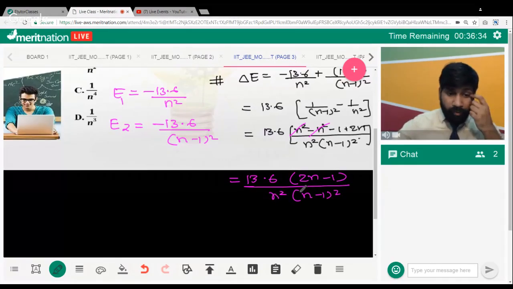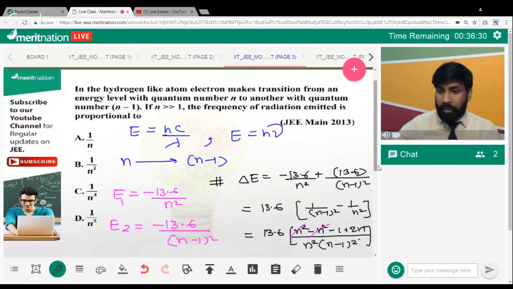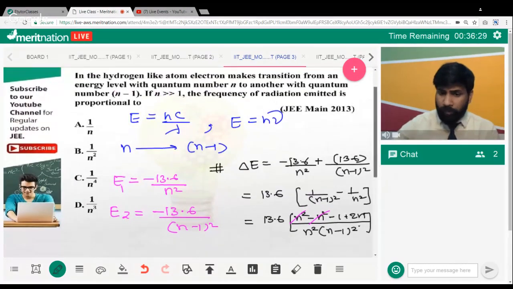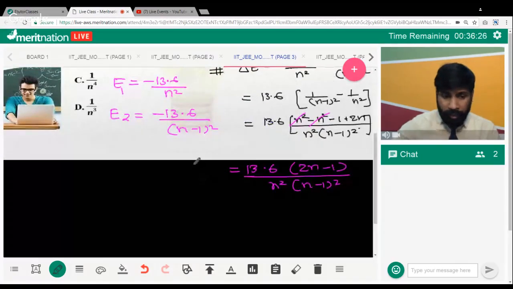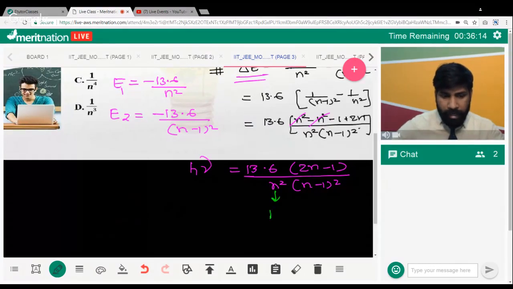So students, we need to check whether the frequency of radiation emitted is proportional to n or something else. Energy, this delta E, is equal to h into nu. What we can see here is n square, and from this bracket we also get n square, so this is n raised to power 4.